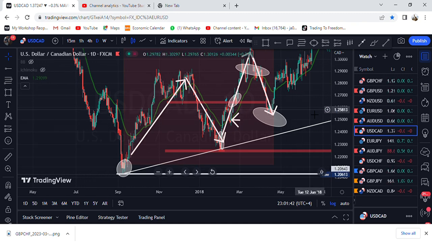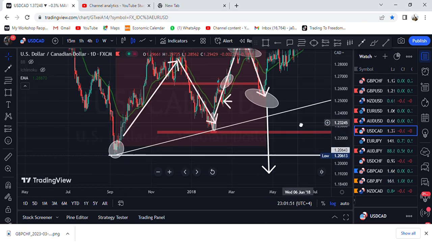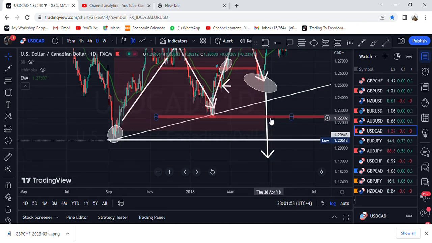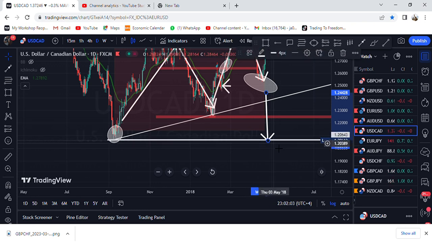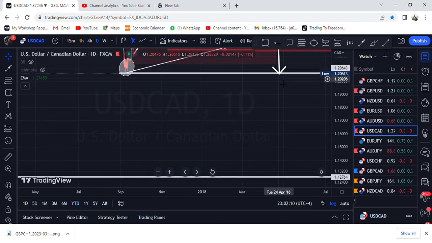So if the market did come and break down here, reaches here, broke it, this will be your first take profit. You observe how the market is going to behave. If it breaks again with a bearish momentum, then this is the next place you'll be expecting the market to reach.